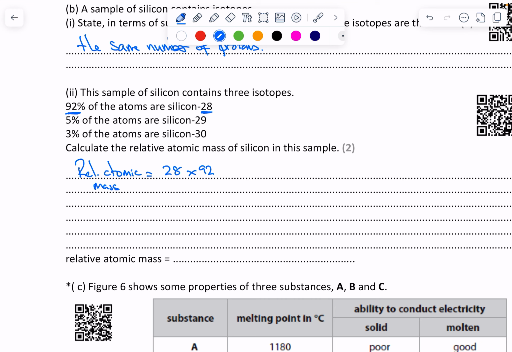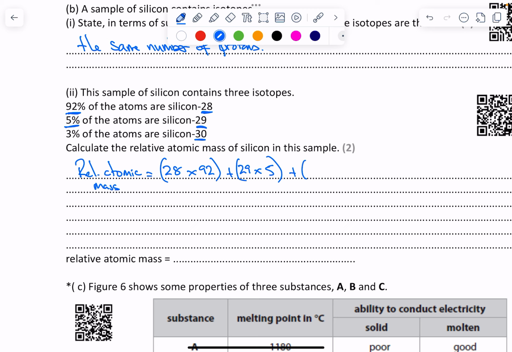So we times it by 92. And we do the same, put brackets around that, we do the same for the second one. So the mass is 29. I'm going to multiply it by the percentage, which is 5. And then the final one, we've got a mass of 30, and we're going to times it by 3. We then have to divide all that by 100.